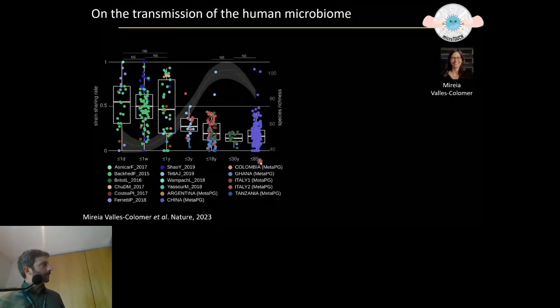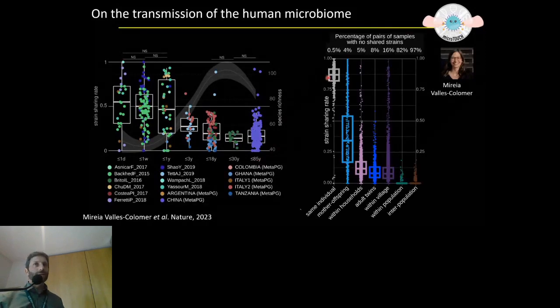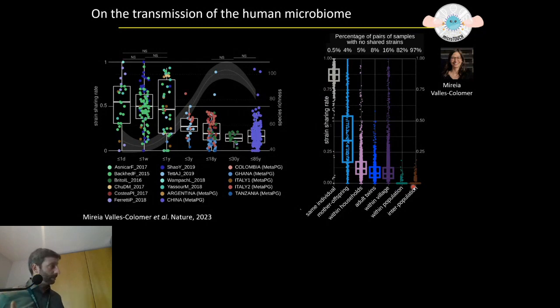So this is the strain retention. Same individual, multiple time points, 90% of the strains are exactly the same. On the other side here, individuals in the same or different population, not sharing in median, not even one strain. And actually 97% of the individuals in different populations don't share even one strain.